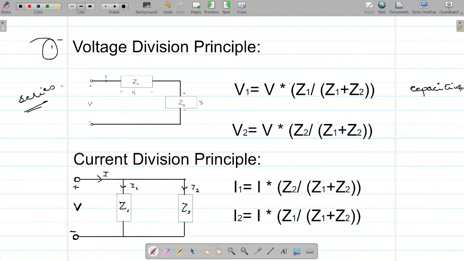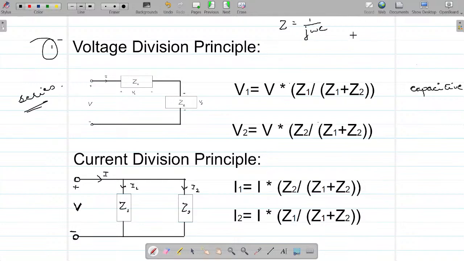But what if you're asked the relation of voltage division in terms of capacitances? Because we know in capacitive networks the impedance is equal to 1 upon j omega C. It is the inverse relation, right?